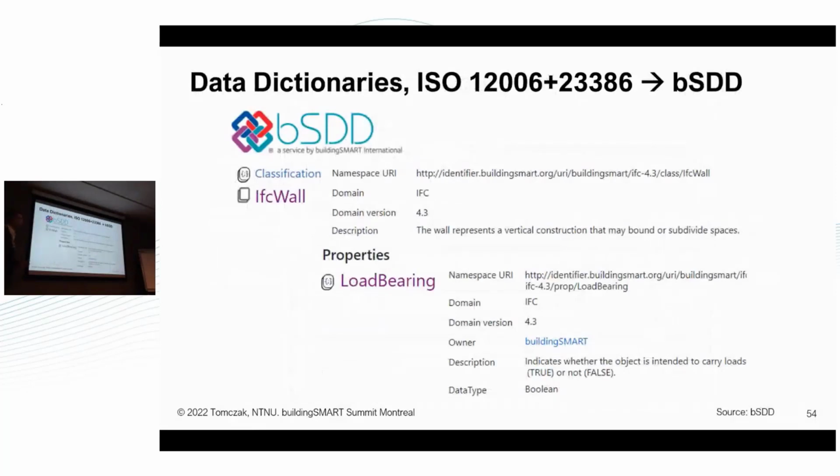We have data dictionaries, which are based on two standards actually, and it is a way to share with others a common understanding of how we understand some concepts. Also, it allows sharing classifications, and I learned recently that it allows sharing material definitions.